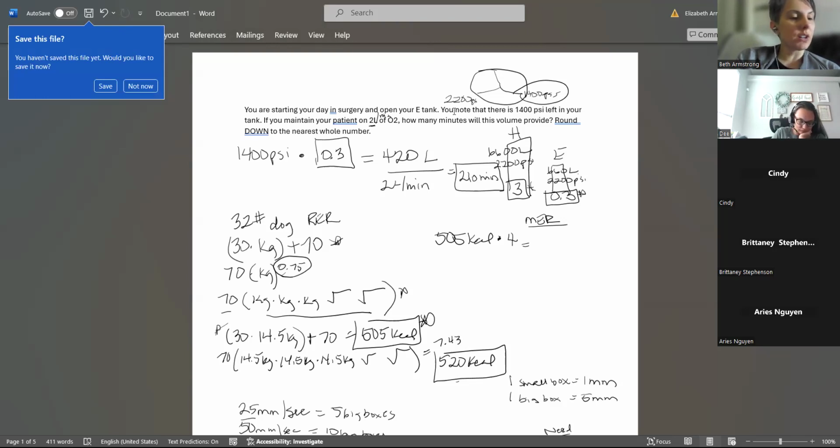A neutered adult dog with still kind of normal activity, you would multiply by 1.6. An inactive adult dog, and we have a lot of inactive adult dogs, we're going to multiply by 1.2 to 1.4. An intact adult dog is multiplied by 1.8.